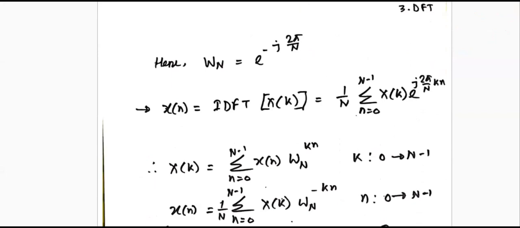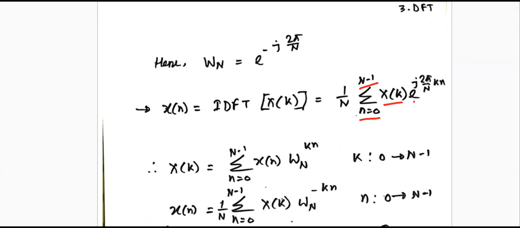Now, if we talk about the inverse discrete Fourier transform, similar to the inverse Fourier transform, we have xn. How many samples do you have? It's very simple, from 0 to n minus 1. Then e to the power, previously it was a minus, now it is plus, e to the power j twice pi by n kn.